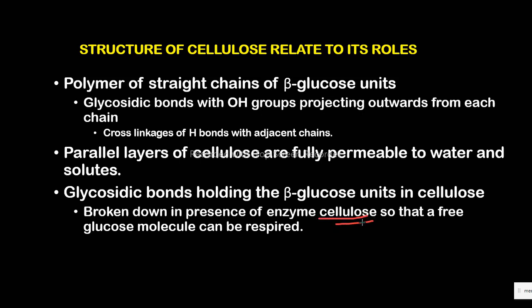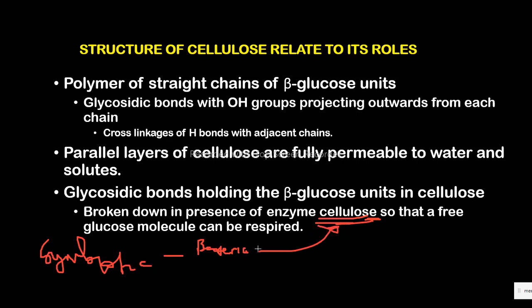Now somebody is saying, then how come they are able to digest? Yes, they don't produce the enzyme cellulase, but they form what we call symbiotic relationships with a given species of bacteria that produce this enzyme cellulase.